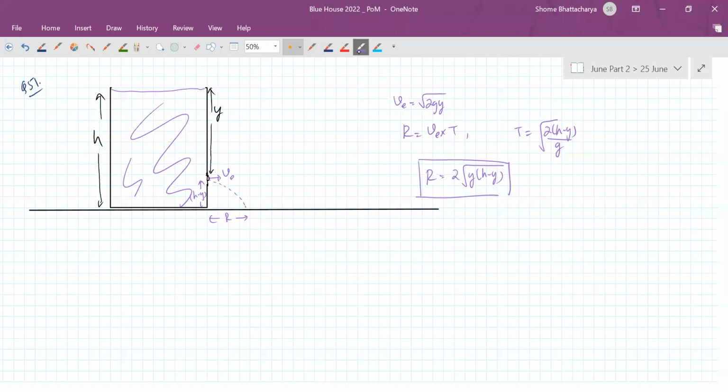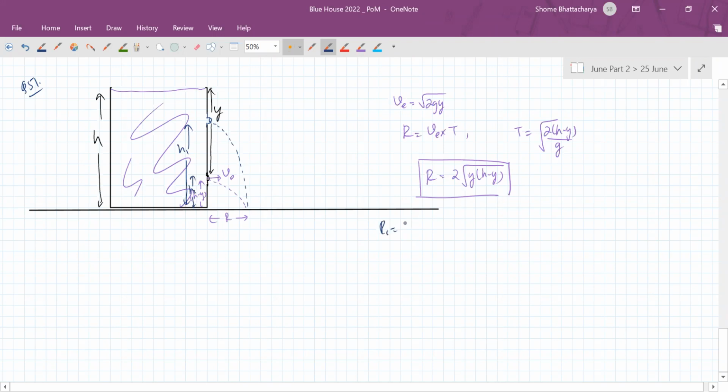So now, for example, if we have two holes which are cut such that they are having the same value of range, so if this hole is cut at h1 and this hole is cut at h2, you can see y and h minus y are interchangeable.